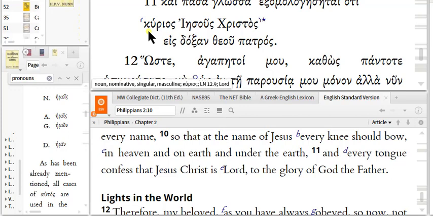What are they going to confess? That Jesus Christ is Lord, to the glory of God the Father. So might it be the case that Kurios is the name at which they bow? Well, that would make sense, wouldn't it? Because a Kurios is a master, isn't it? And bowing the knee before a Kurios is a very normal and appropriate thing. So I would go with a possessive genitive idea for Iesou here.